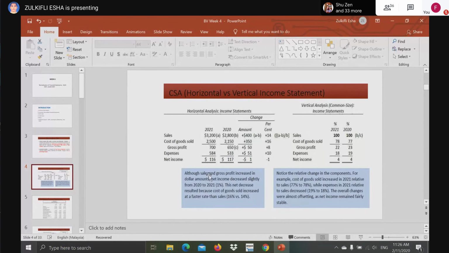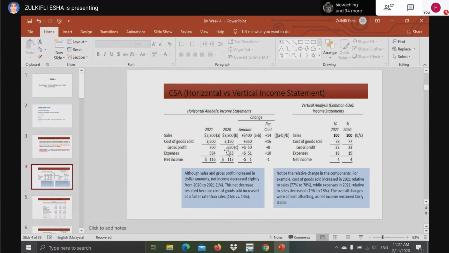So this is how they do the horizontal analysis. This is the amount of sales for 2021, 3,200 ringgit, and this is the amount of sales in 2020, which is 2,800 ringgit. So there is an increase of 400 ringgit between the sales in 2021 and 2020.